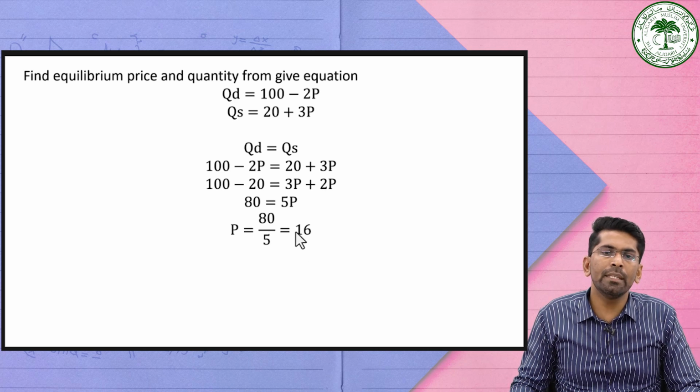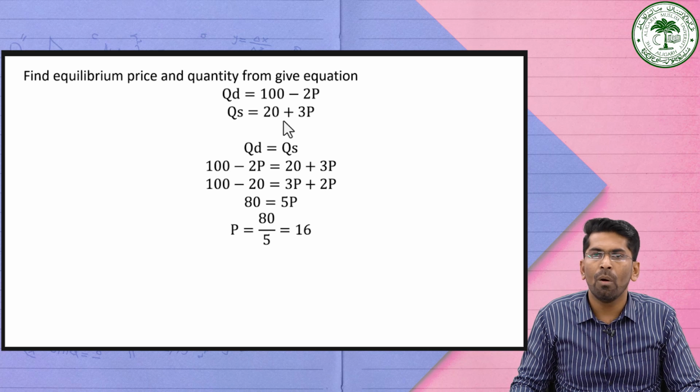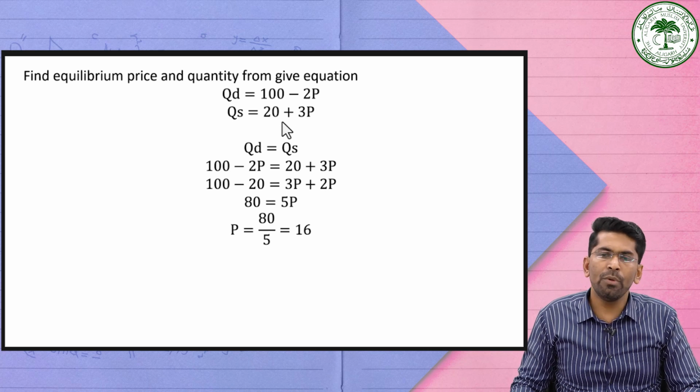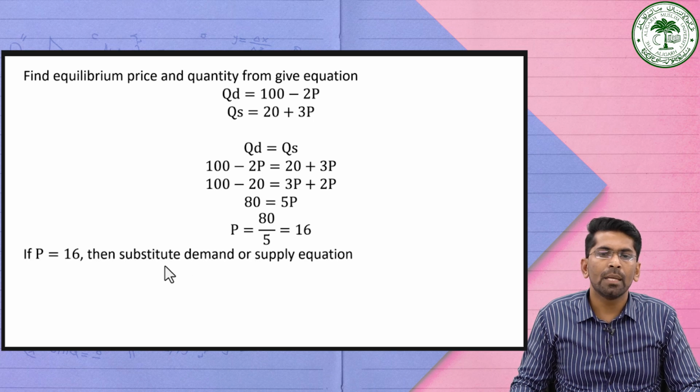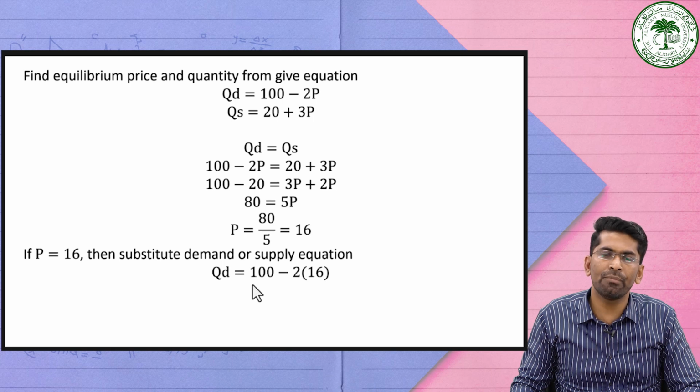Now, once P is received, you can substitute the value of P in any one of the equations, either the demand equation or the supply equation. We are considering here the demand function, which is 100 minus 2P. So 100 minus 2 into 16, since P is equal to 16.